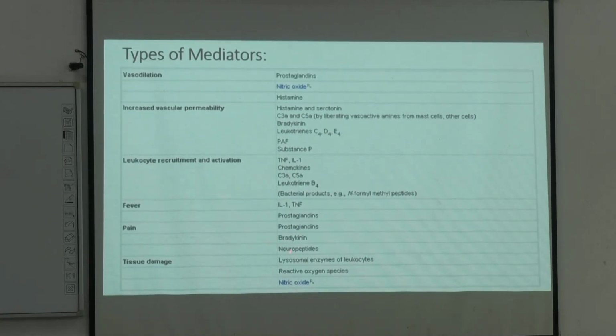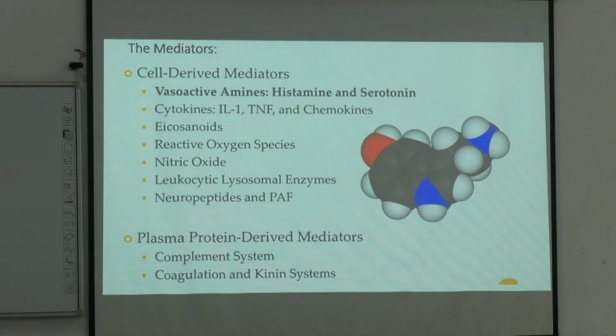Prostaglandin, bradykinin, and neuropeptides or substance P are responsible for causing pain, and tissue damage is mediated by various leukocyte enzymes or lysosomal enzymes as well as reactive oxygen species. Reactive oxygen species are very important in free radical mediated injury in our tissue or body environment.